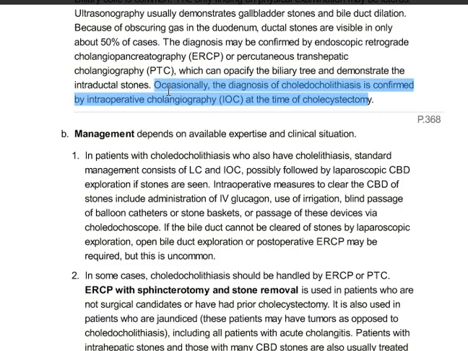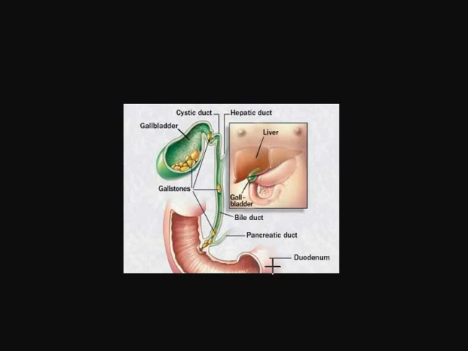These are common bile duct stones seen in ERCP and MRCP, and this will confirm the diagnosis of common bile duct stone. Intraoperative cholangiography during the surgery can also occasionally confirm the diagnosis of common bile duct stone.